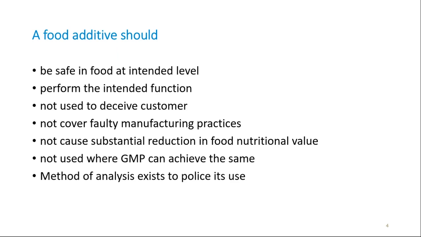And whatever is added must perform its intended function. If it is added as an antioxidant to prevent the effect of oxygen, it must behave as an antioxidant, and it must not behave as a preservative, or as a flour improver.